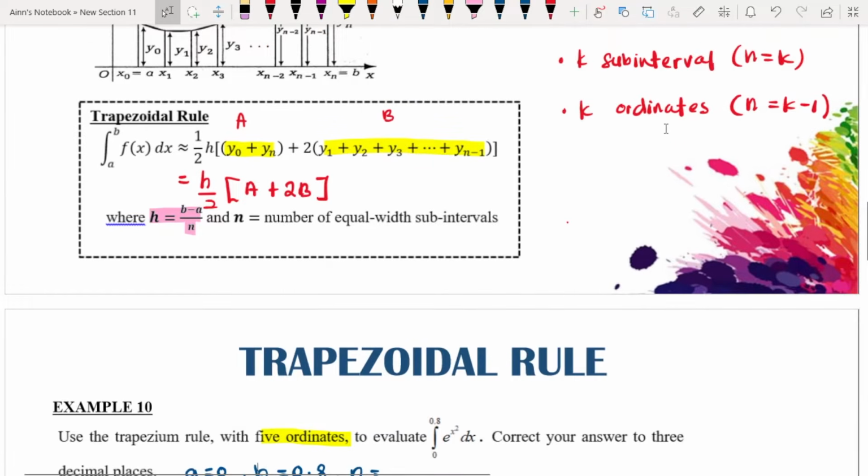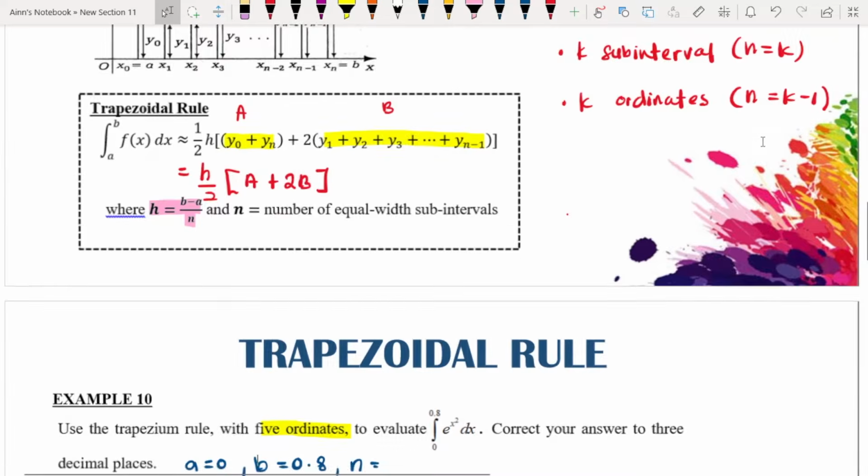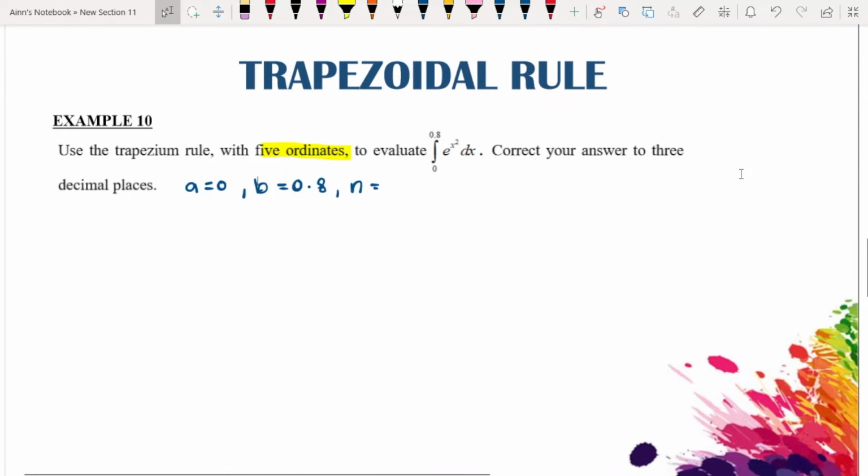Therefore, if we have k ordinates, our n is equal to k minus 1. So in this case, we have n equals 5 minus 1 equals 4.